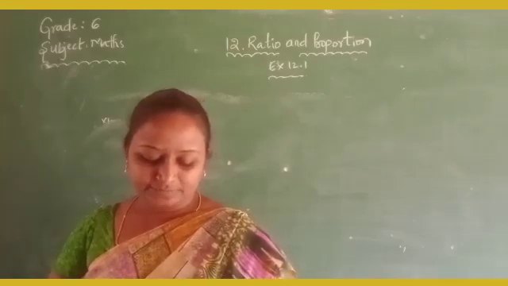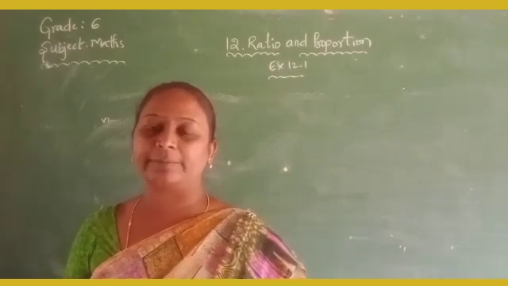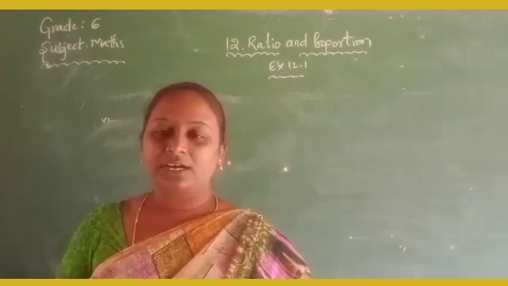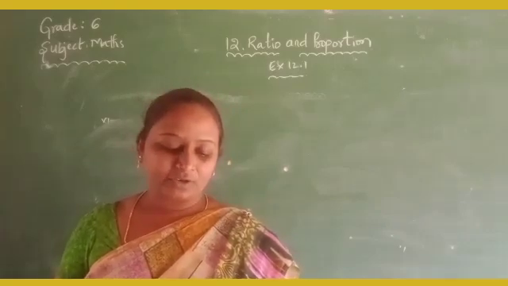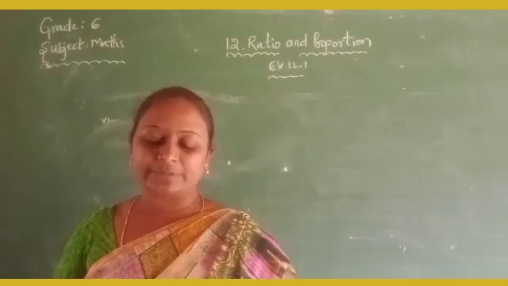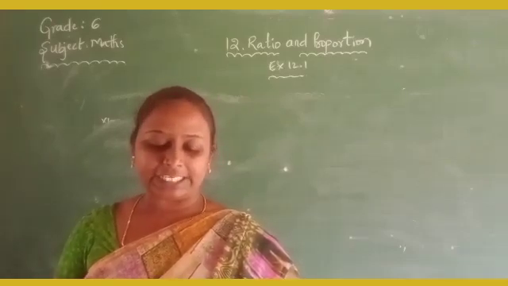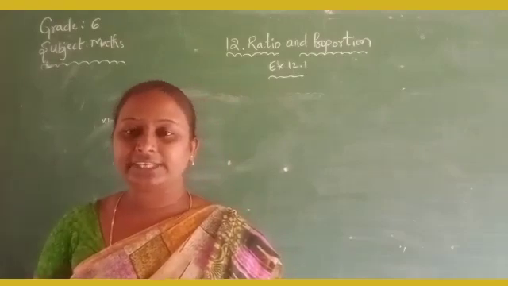Okay, children, in that 11th question, how many students are there in the school? 1800 students. How many opted for basketball? 750. Cricket 800. Remaining, table tennis.